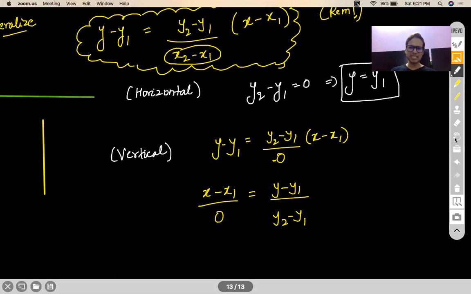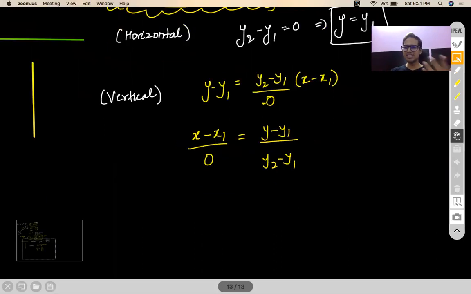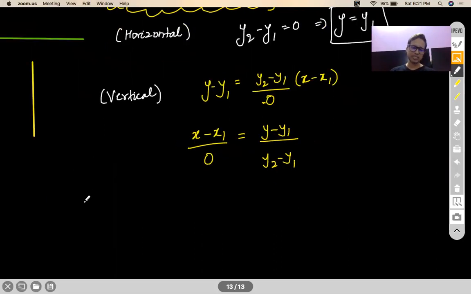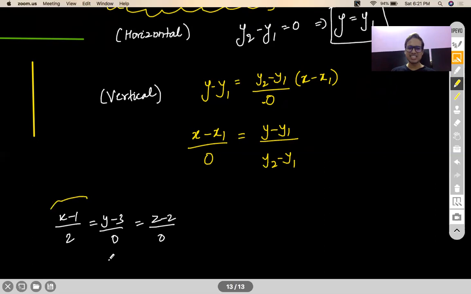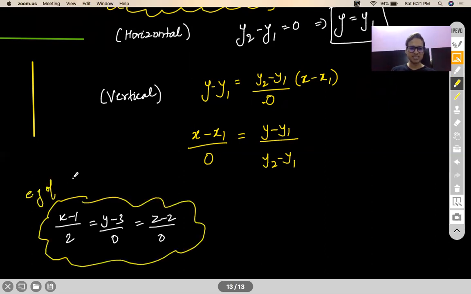Guys, something very interesting. When I'll be teaching you 3D geometry next year, you would be surprised to see such equations. (x minus 1) by 2, (y minus 3) by 0, (z minus 2) by 0, something like this. This is acceptable notation. You know why? Because it is just a way to say that this is a line, this is an example of a 3D line, a three-dimensional line.